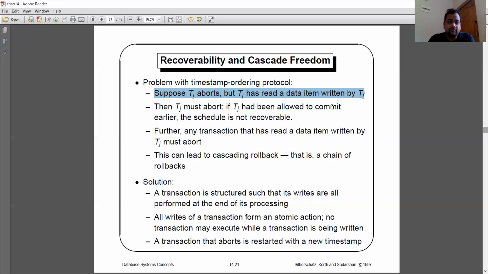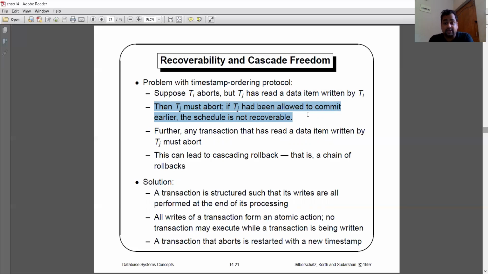Okay. Now, if Ti aborts, the question is, can Tj perform the read operation on that data item which was already written by transaction Ti or not? If Ti has aborted, then Tj again has to abort. If Tj had been allowed to commit earlier, the schedule would not be recoverable.